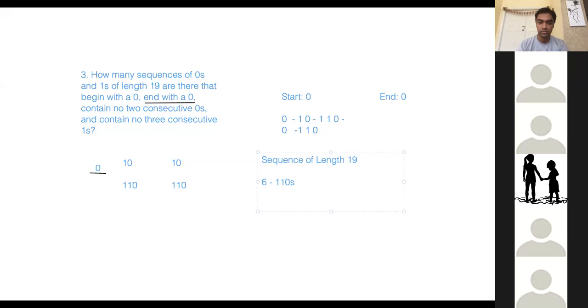Nine 110s. Good, that also works. So this would look like 0, 1, 0, 1, 0, 1, 0, and so on for 9 1-0s. So it's just alternating 0, 1, 0. That also satisfies all of them. Good.